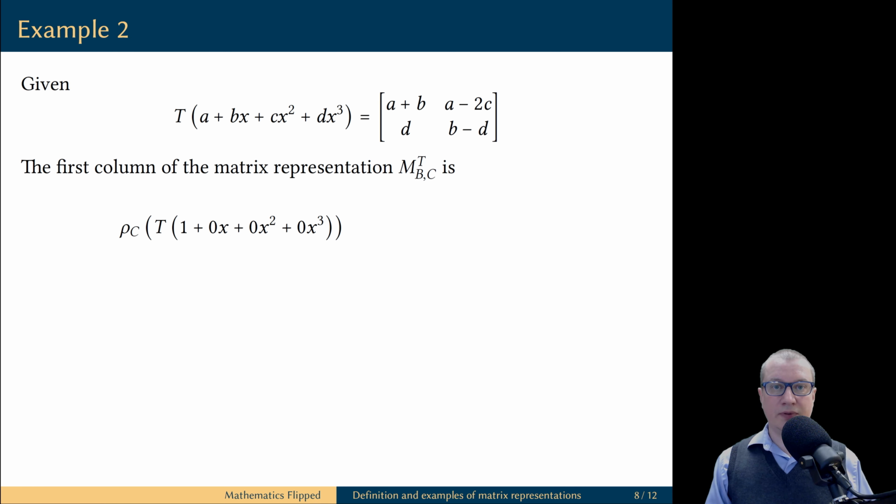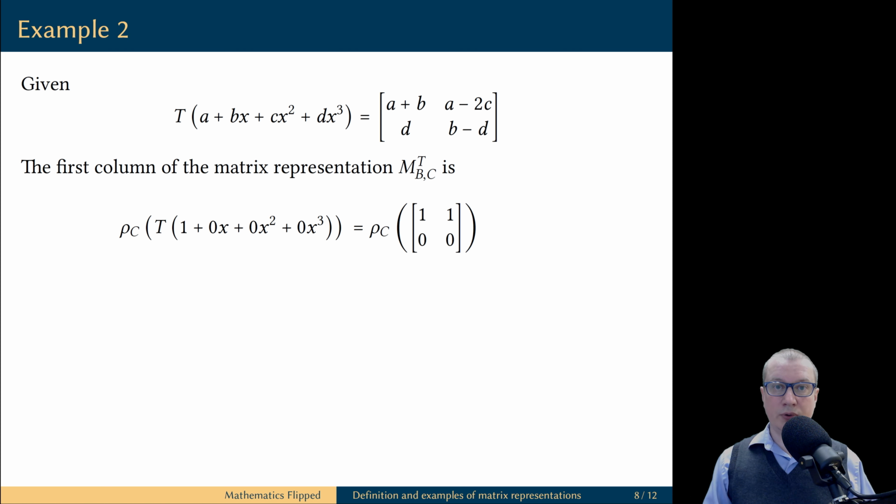The first column of this matrix is the value of row C applied to T of the first vector in the basis B. The first vector in the basis B is 1. It is a polynomial where the coefficient A is equal to 1 and the coefficients B, C, and D are equal to 0. We see a formula for T, so we know what T does to this polynomial.